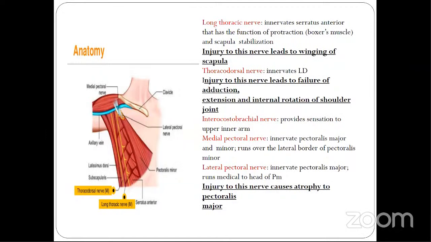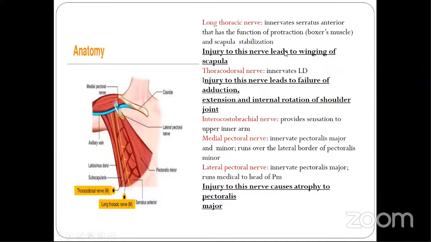In mastectomy, we have to dissect around these nerves, and we have to clear these nerves. The first nerve will be the long thoracic nerve. Here we can see the long thoracic nerve. This long thoracic nerve innervates the serratus anterior muscle.